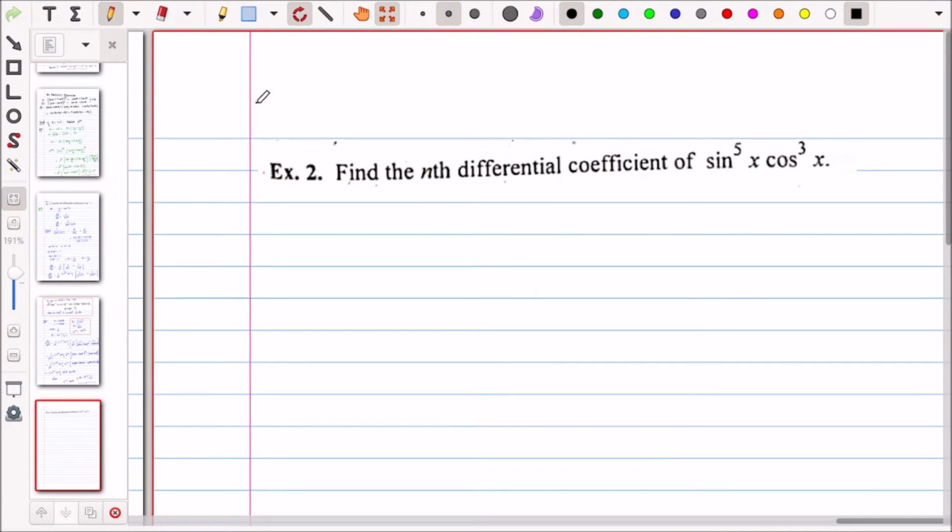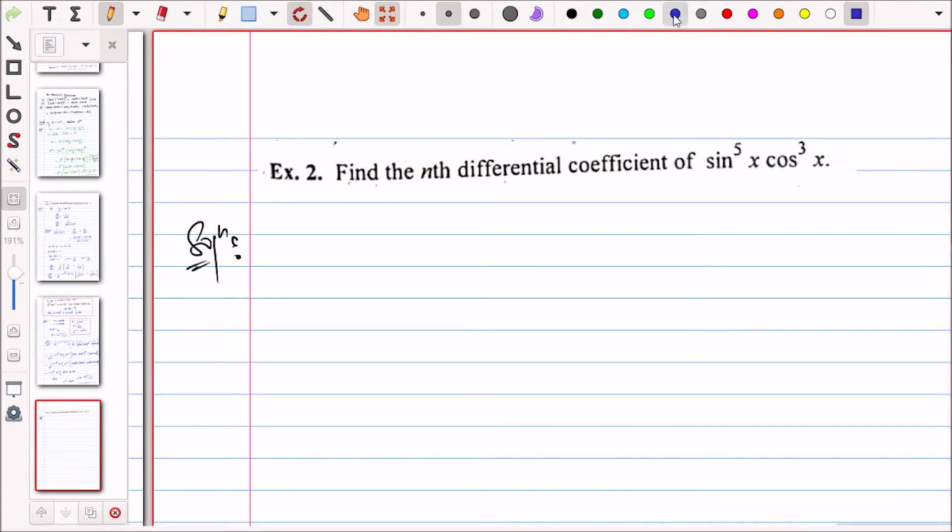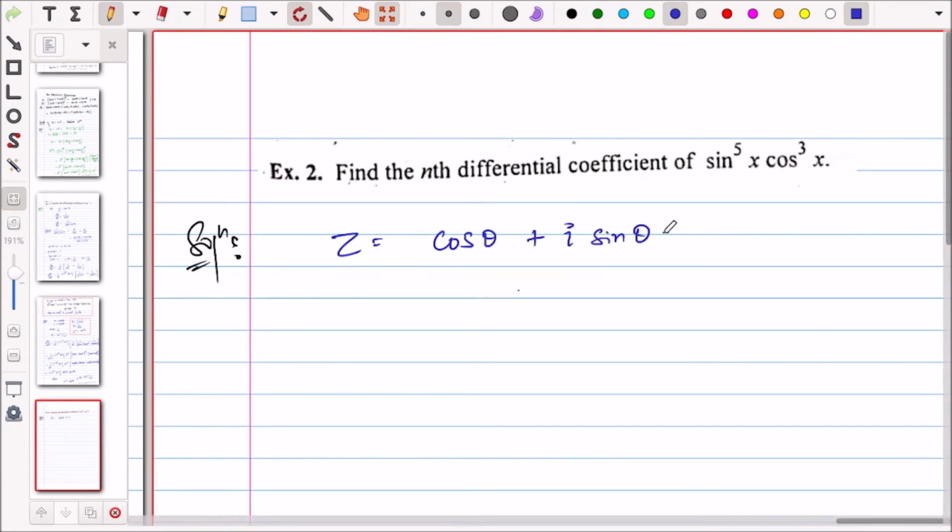So sin 5x cos cube x. What we do is we take z equal to cos theta plus i sin theta.